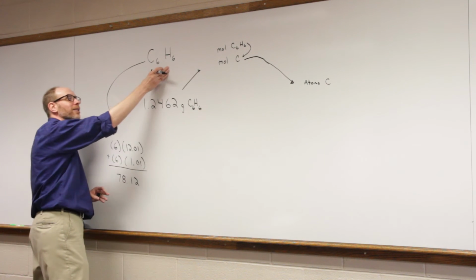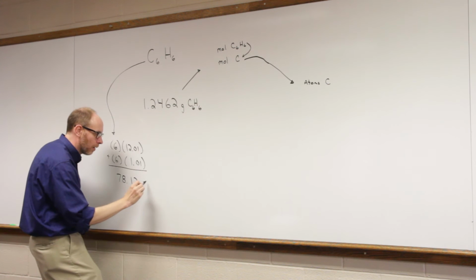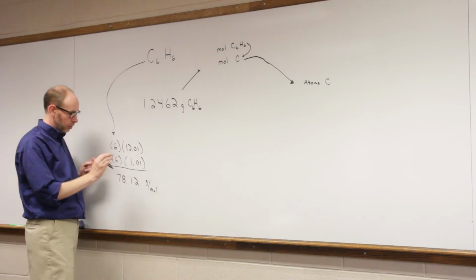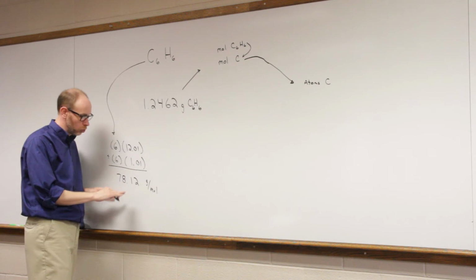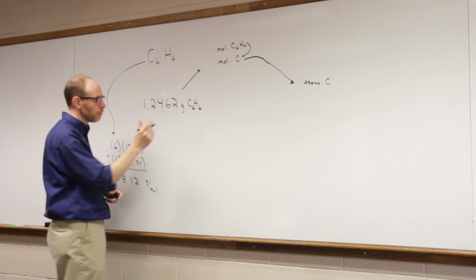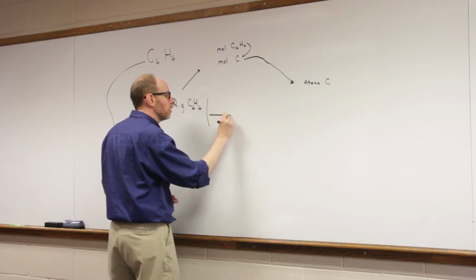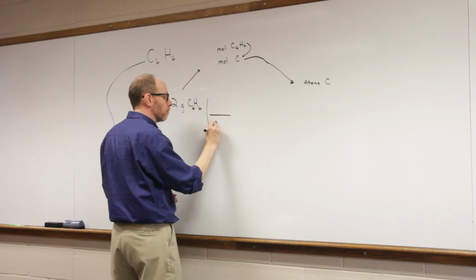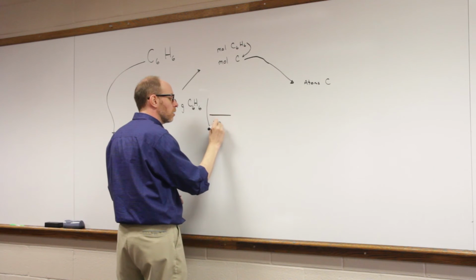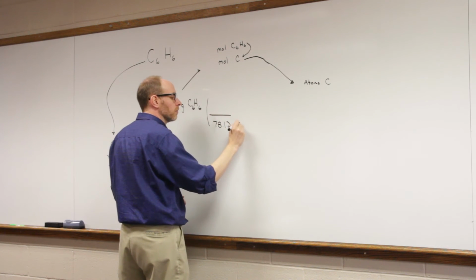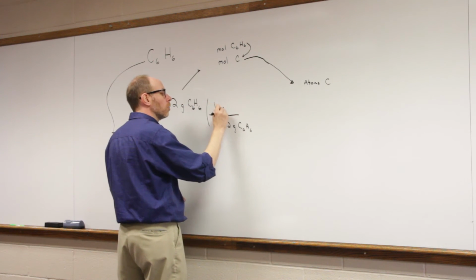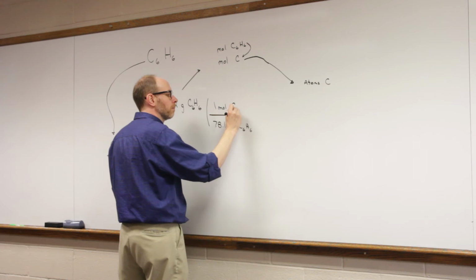What is this number? Well, it's the molar mass of benzene, and it tells us how many grams are in 1 mole of that substance. So if I have 78.12 grams of benzene, I will have 1 mole of benzene molecules. So notice, this allows me to go between grams, 78.12 grams of benzene, in 1 mole of benzene.